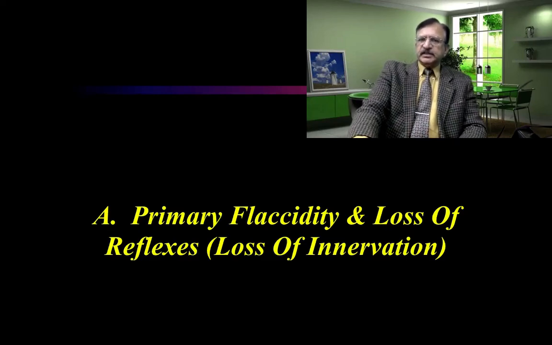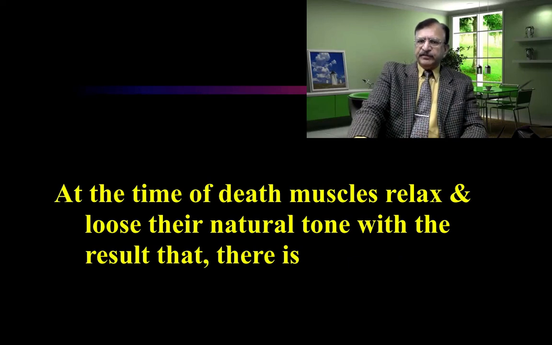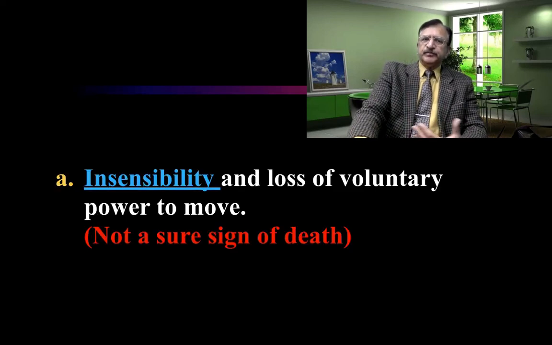So the first sign is primary flaccidity and loss of reflexes. This is because of loss of innervation. At the time of death, the muscles relax and lose their natural tone, with the result that now they are insensible, with insensibility and loss of involuntary power to move.